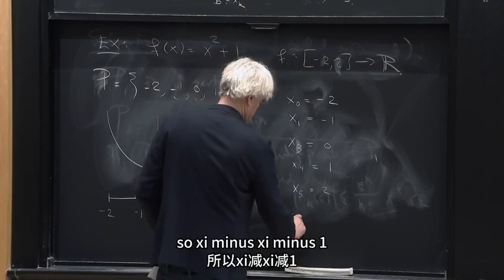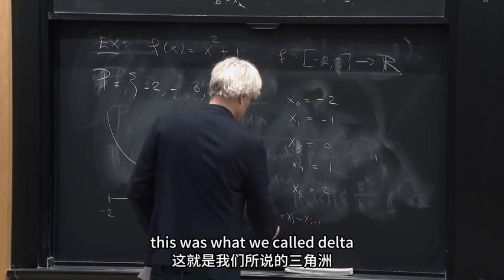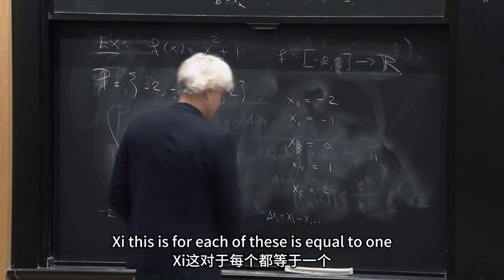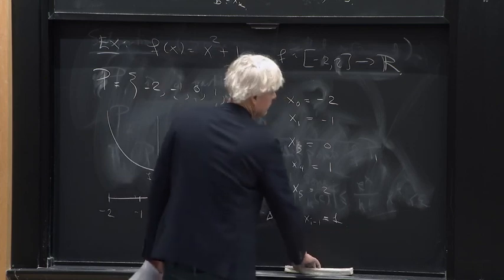So x_i minus x_{i-1}, which we call delta x_i, is equal to 1 for each of these.